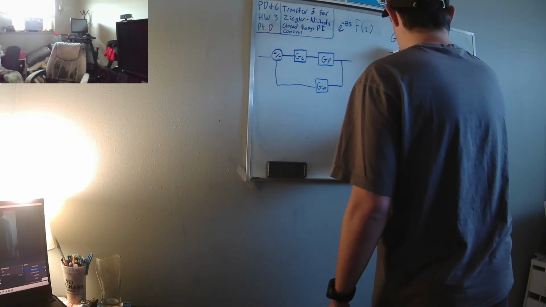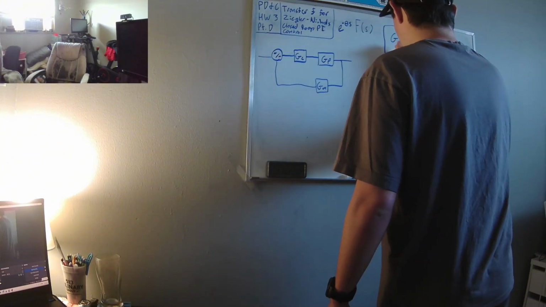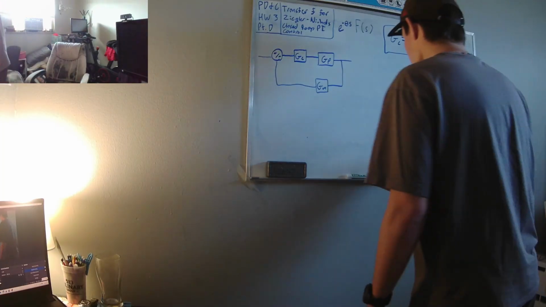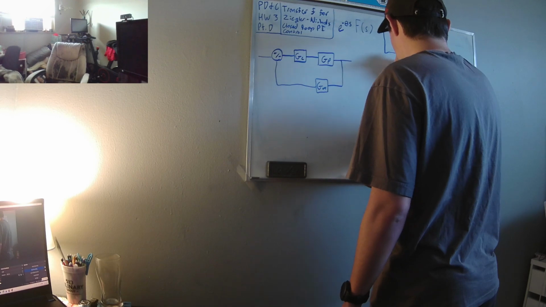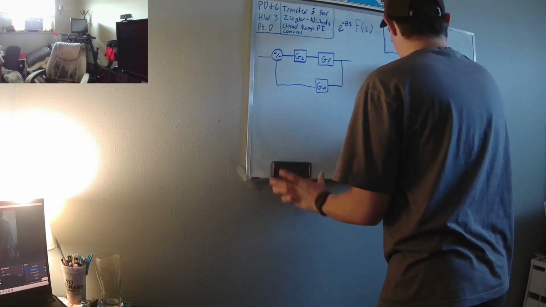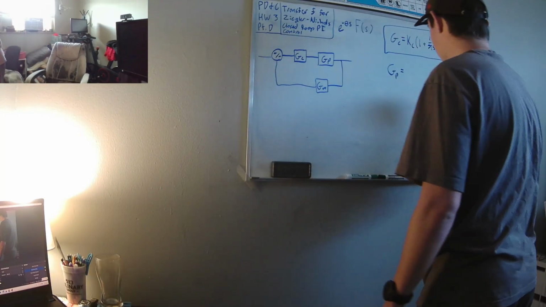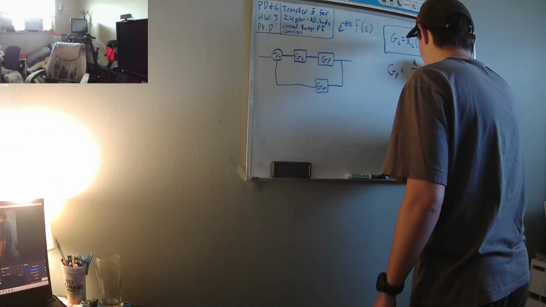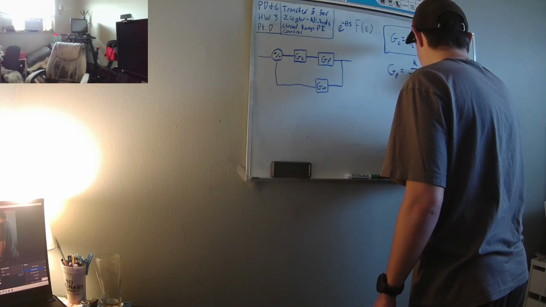And that is going to be our integral controller GC. And then for our GP, we remember the general function, K over tau s plus 1.